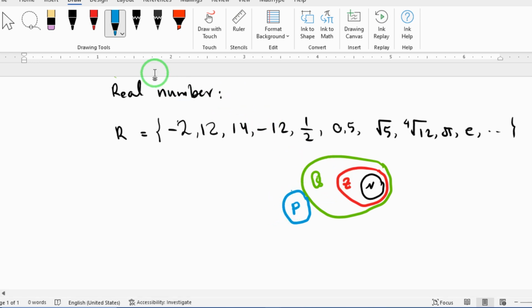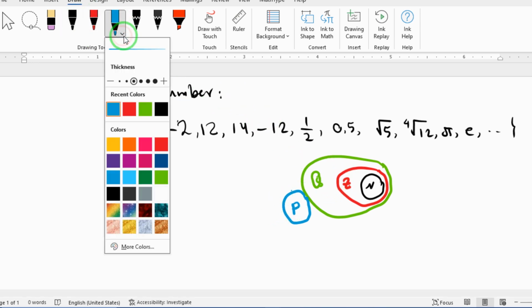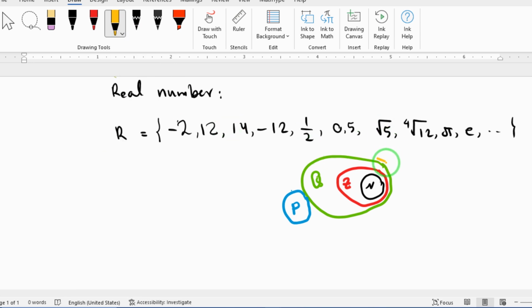So what is a real number? The real numbers I denote by, for example, orange, real. It actually includes all of them. Actually, the purple color is what I want to show. The union of these two sets is the real numbers.